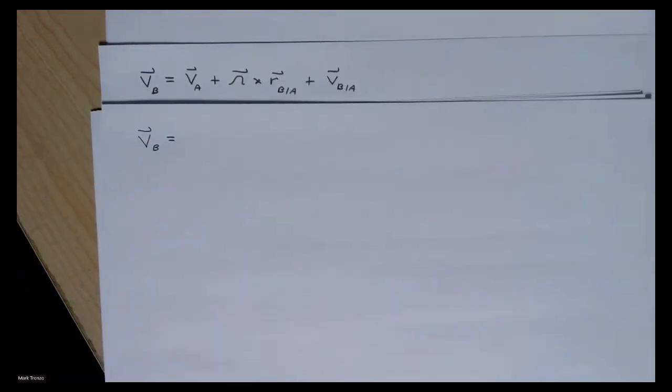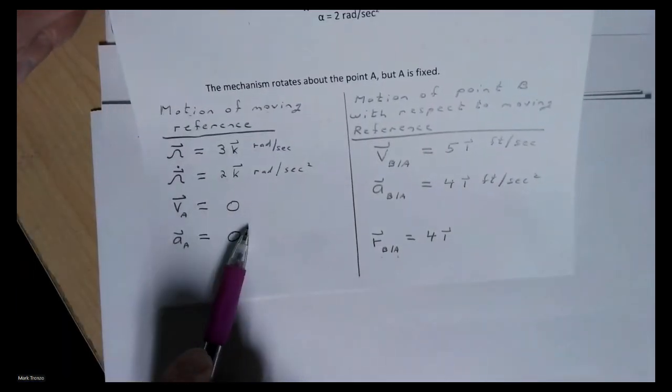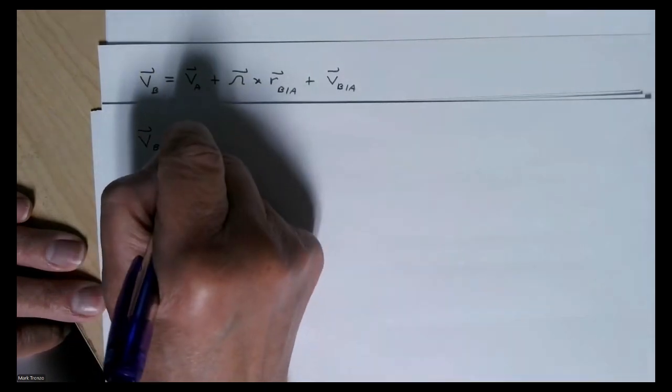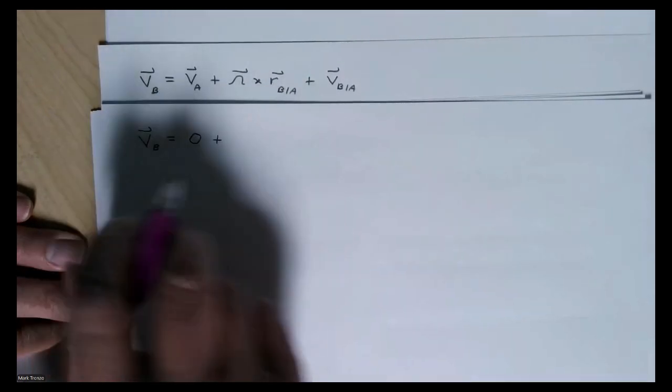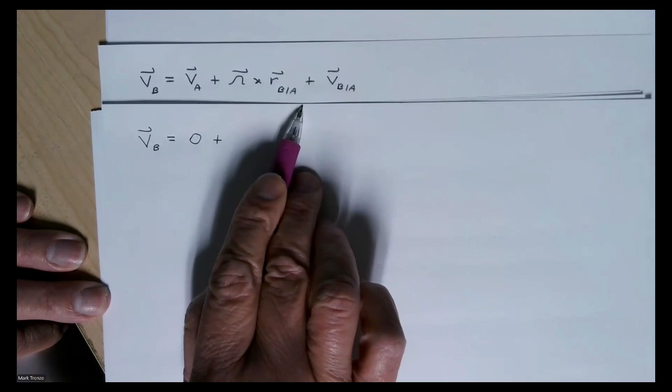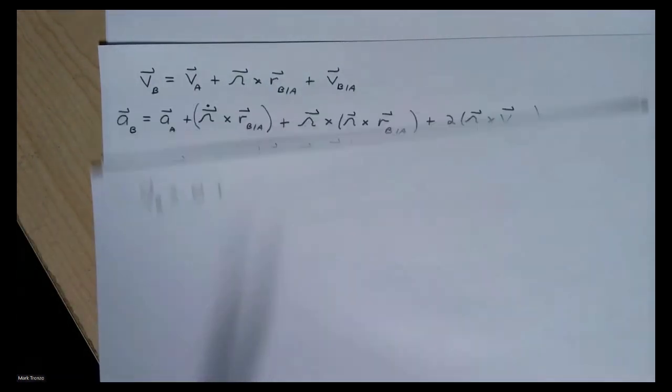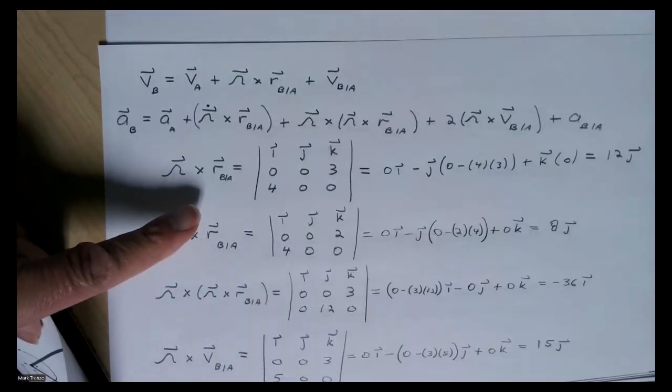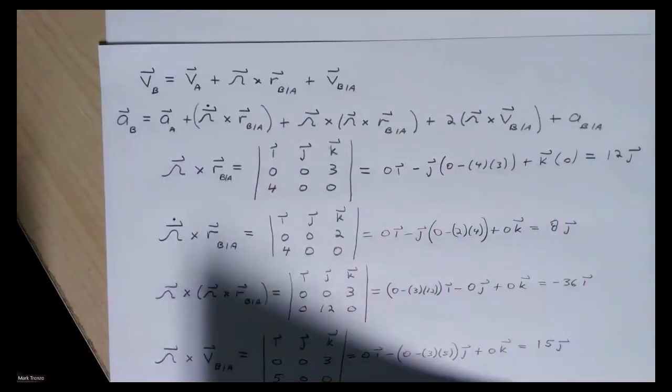So for the velocity equation, the velocity of A was 0. And omega cross RBA, we calculated over here to be 12J.